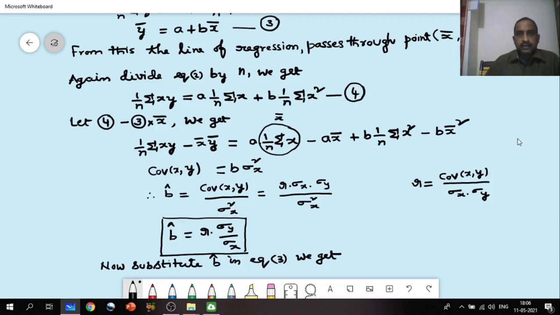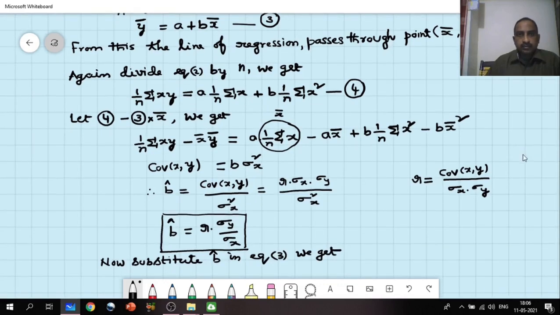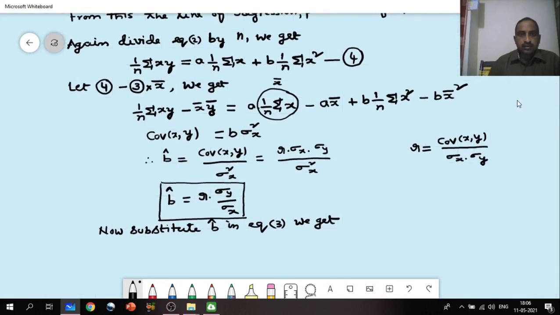So just I have to substitute y bar equals a plus b, where b is r into sigma y by sigma x, into x bar, right?